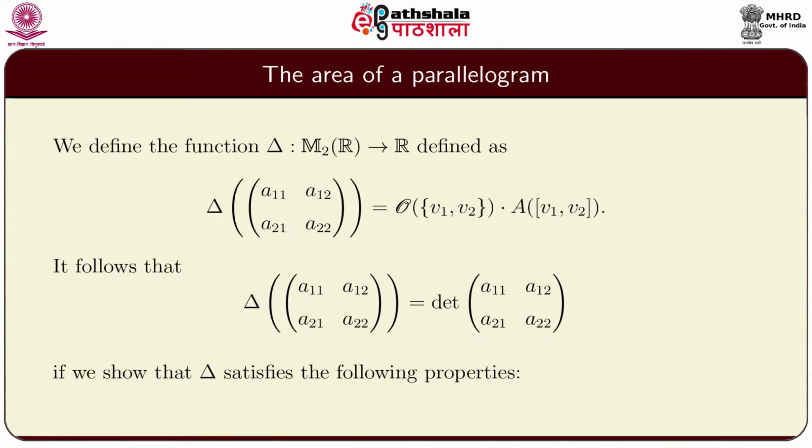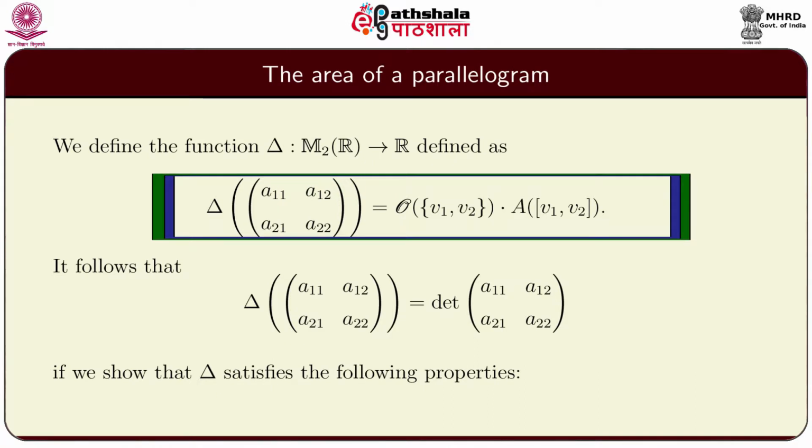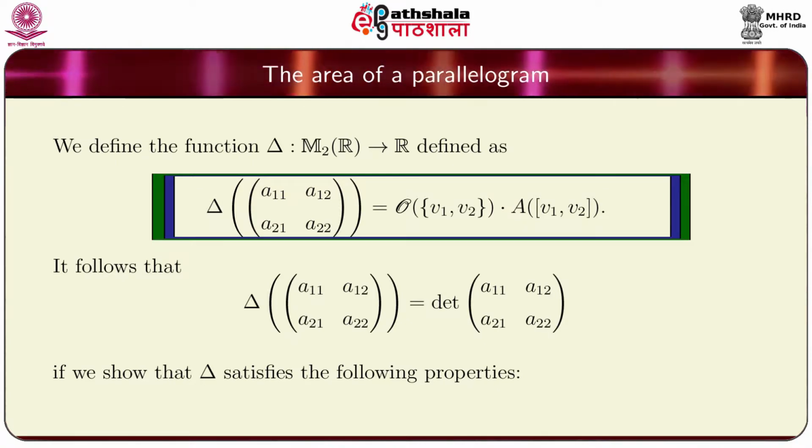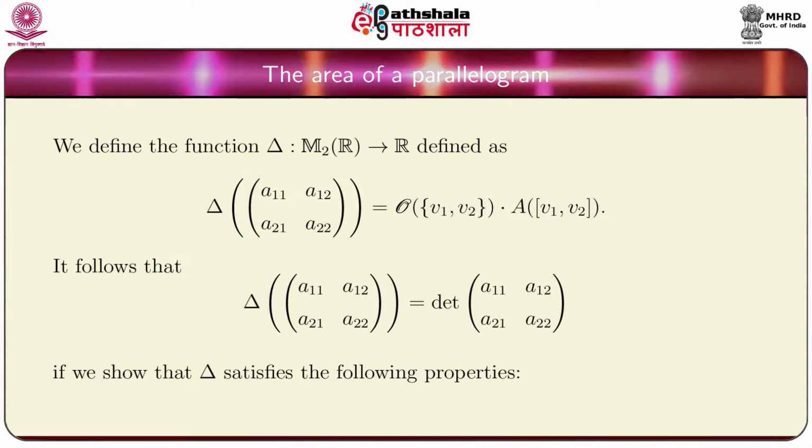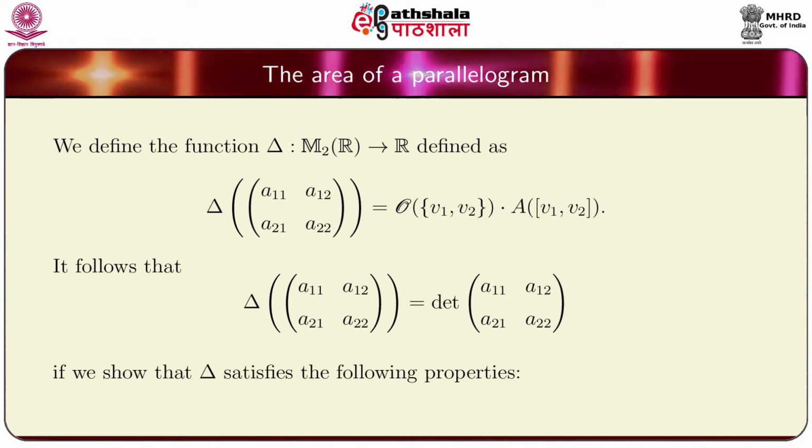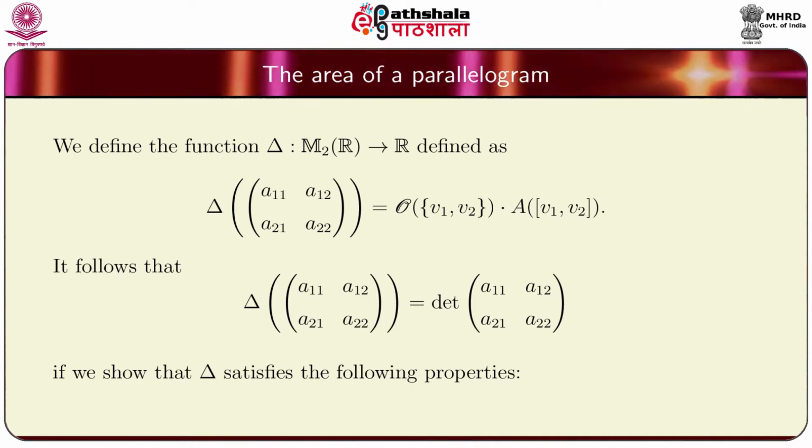How to prove this statement? We define the function delta from M2R to R. M2R stands for the collection of 2 cross 2 matrices with real entries, you have seen that before, and delta is defined as the orientation of V1, V2 multiplied by the area of the parallelogram V1, V2 box.